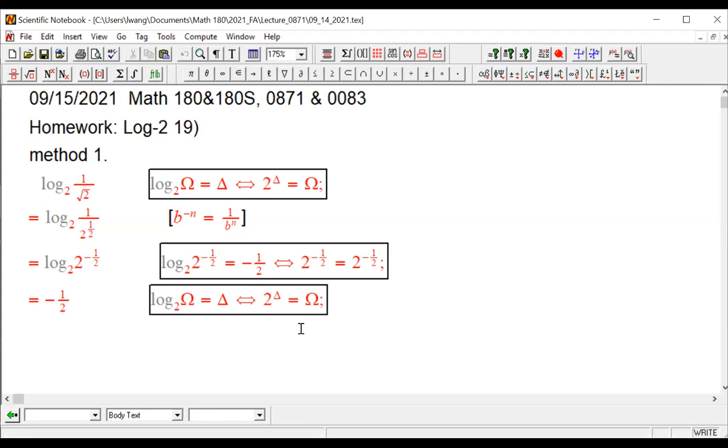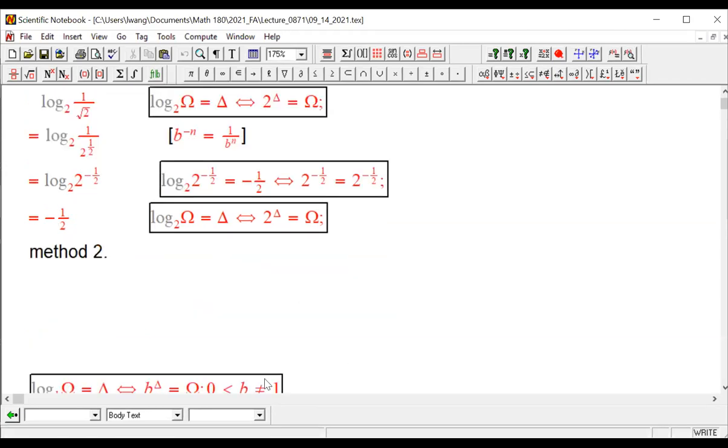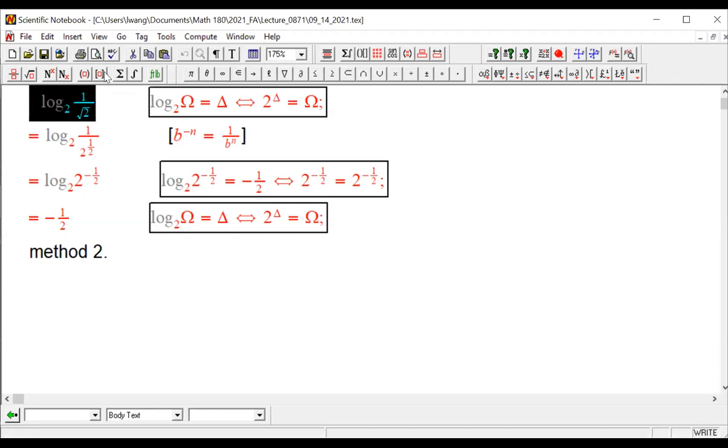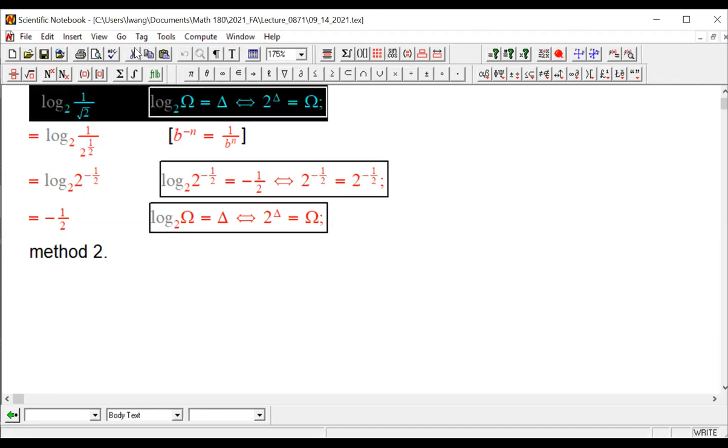Maybe that's the reason I should put it first, right? The other method, which is more commonly done, because I saw this from my students in the past, is to go directly to the definition.